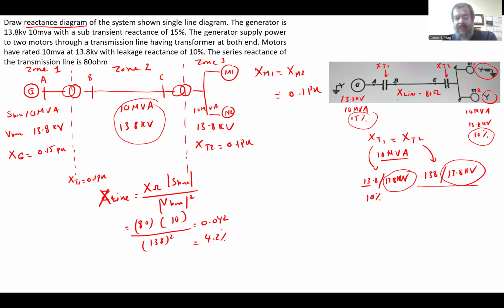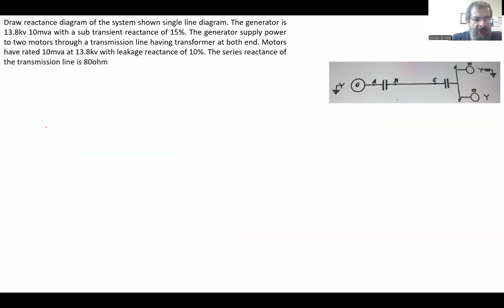Now let's draw the reactance diagram. We start with the generator. The model of the generator is an EMF, call it EG, and then XG, which we already calculated as 0.15 per unit, everything in per unit.